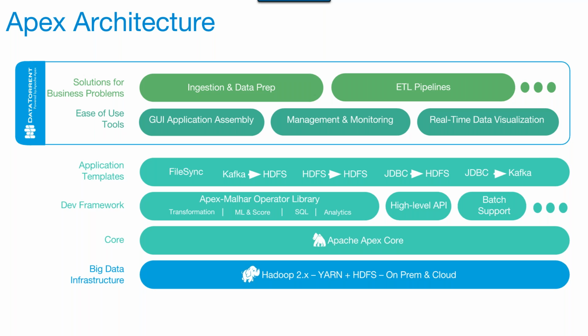Input connectors include Kafka, HDFS, JDBC, etc. And output connectors include Kafka, HDFS, S3, JDBC. We also have some processing operators like transformation, dedupe, enrichment, parsers, filters, etc.